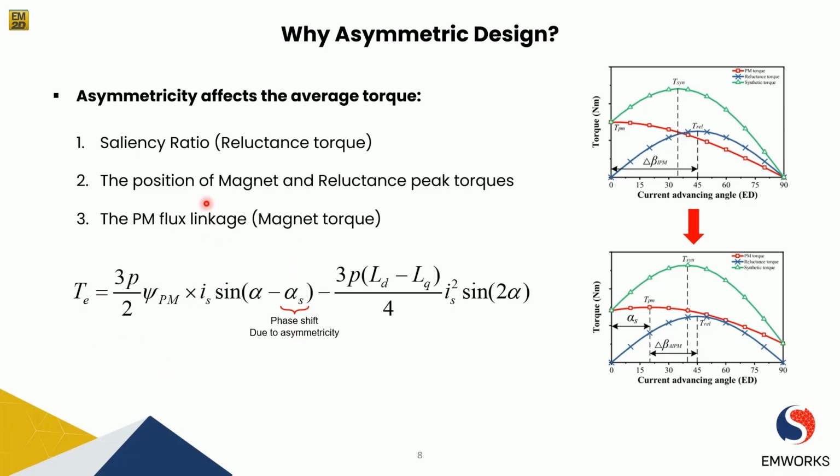So as you can see, asymmetricity can influence each part of this formula, and as a result it can change it for better or worse. By taking each step completely wisely and calculating the performance in each step, we can make sure that our targeted performance will be improved by using asymmetric design.